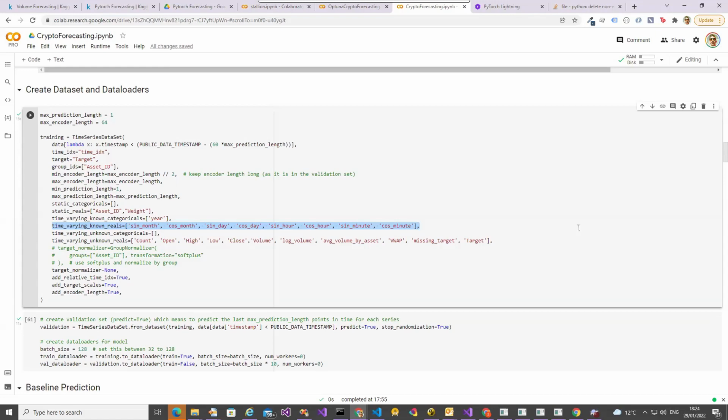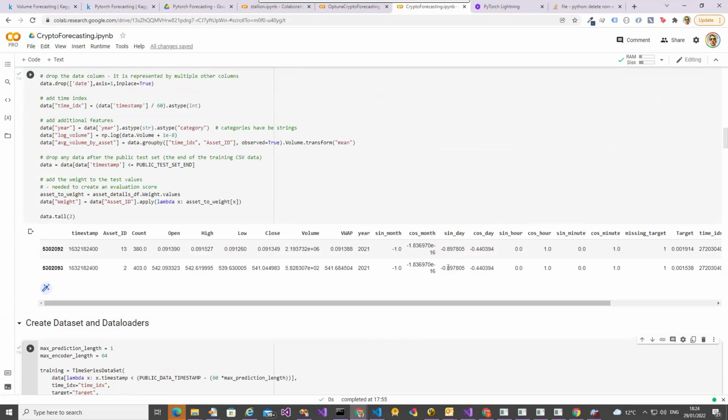Then what did you add as the missing target column? What's in it? Oh yeah, so obviously in the actual competition data, some timestamps are missing, or some assets have their rows missing at various timestamps, and so it was easy enough just to fill in the missing rows.